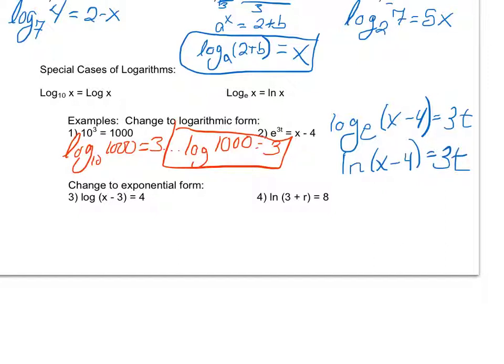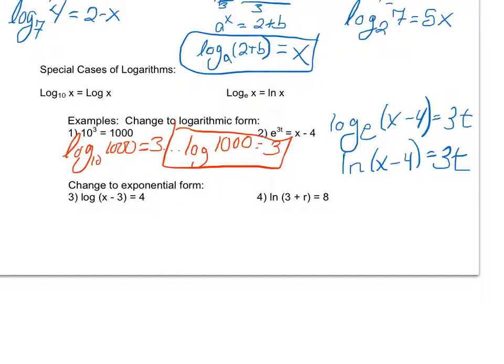If you have a chance to look at a calculator, you're going to notice that the only logs written on your calculator are log base 10 and log base e. They are just written as log and ln. So these are very helpful tools when you'll be using a calculator to help calculate what we have when looking at logarithms.